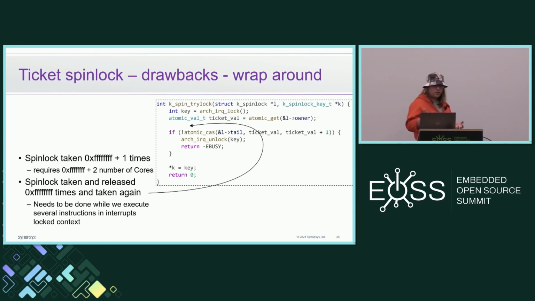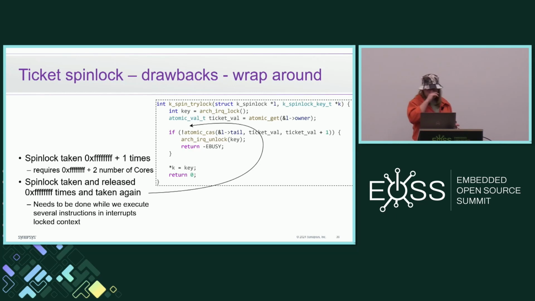It's just several assembler instructions where we need the atomic variable to wrap around to have some issues. So what may we do wrong while executing these several assembler instructions?